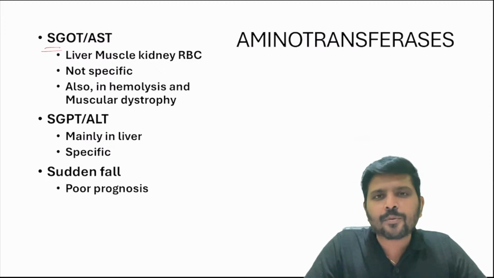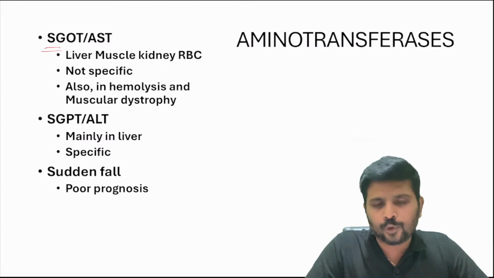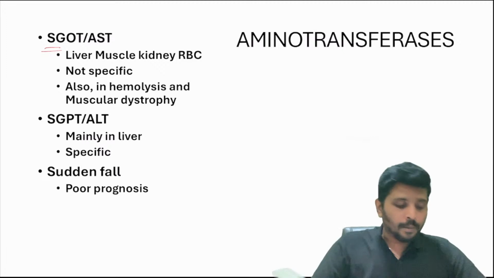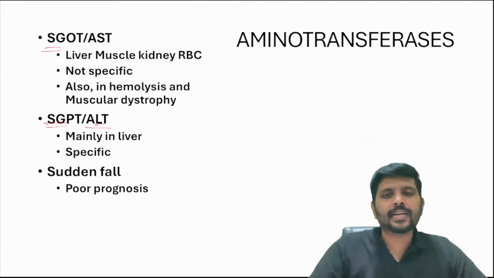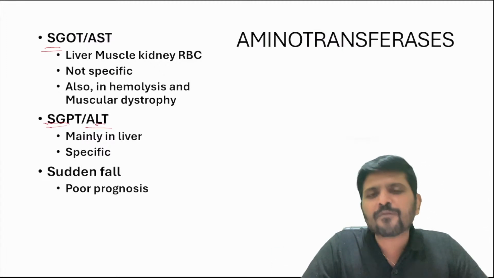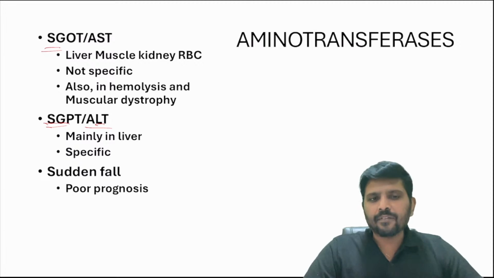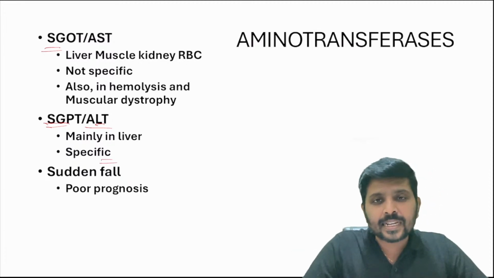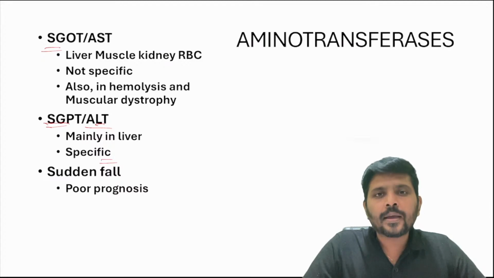It can be due to hemolysis, it can be due to heart attack too, or it can be due to muscular dystrophies. But when your SGPT or ALT is increased, it specifically comes from liver, so it indicates that it is liver parenchymal injury.